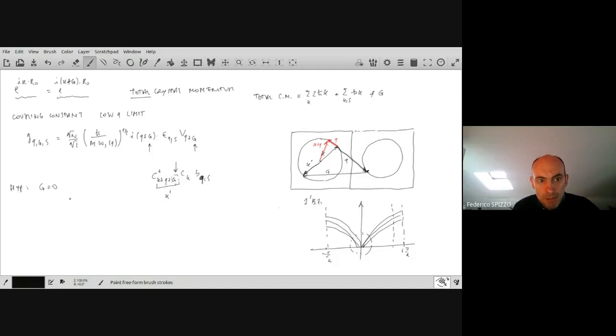So in this approximation, G equal to 0, the coupling is equal to the square root of n over square root of 2. Then we have h bar divided by the ionic mass times omega s of Q. Then here I have just Q, scalar product with e Q S, and V of Q.